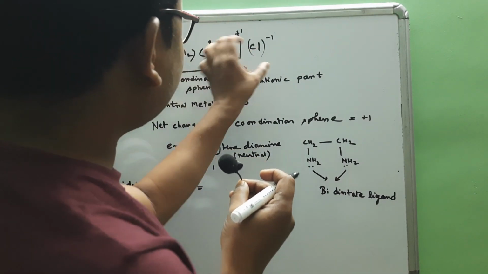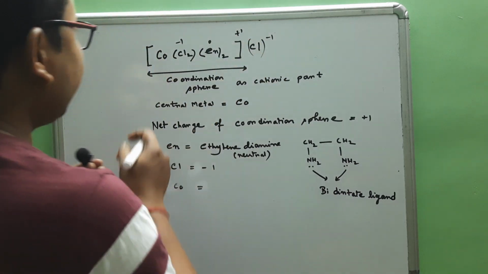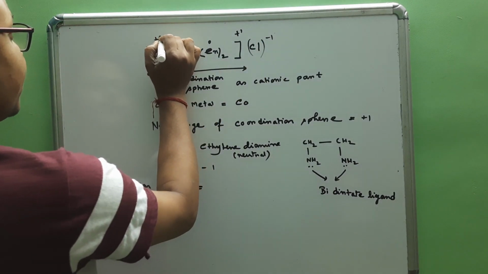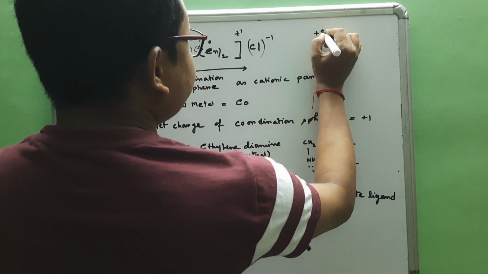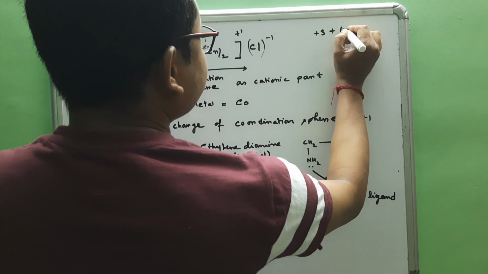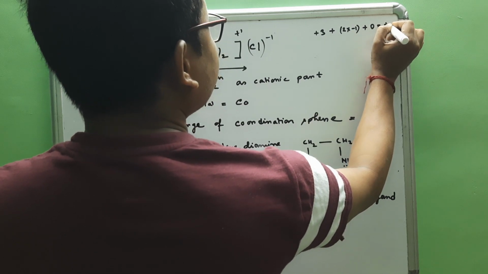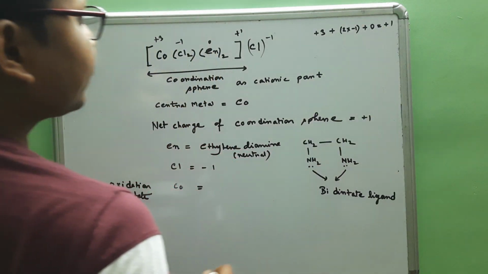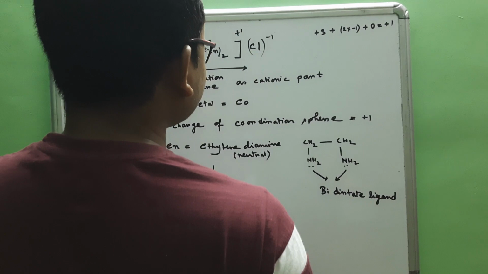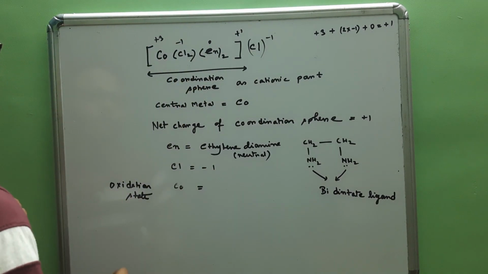To make the overall charge +1, cobalt should be +3, because +3 plus 2 into -1 plus 0 equals +1. So cobalt is +3.